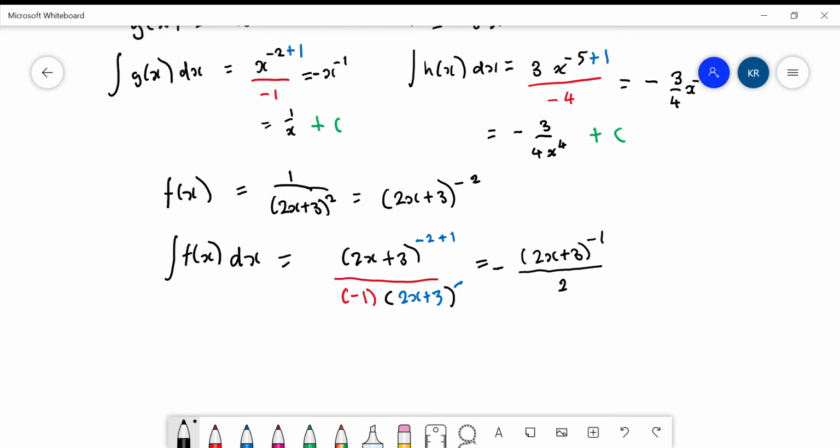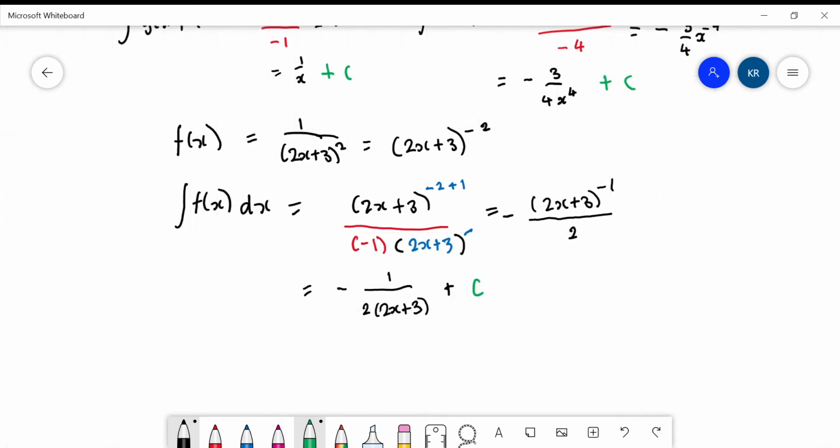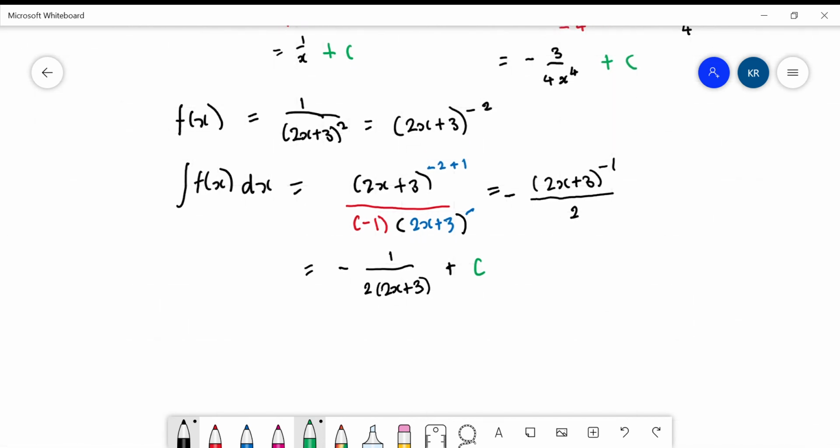And this can then be rewritten as minus 1 over 2 times 2x plus 3. And then you always have to put the plus c. So basically the same exact concept, it's just that the power is negative. So you use the same thing, there's no change.